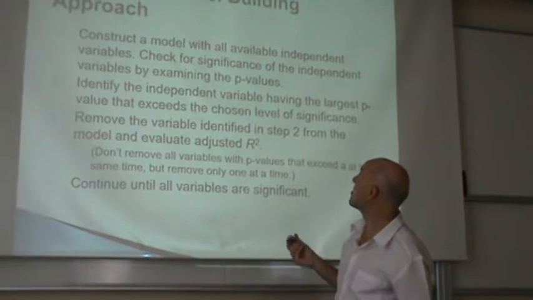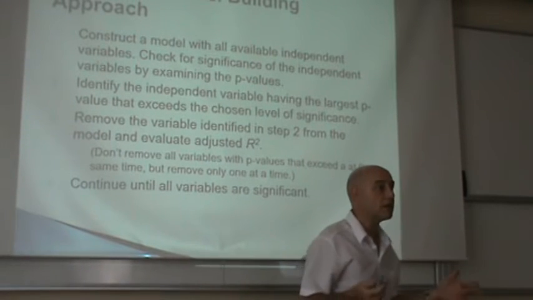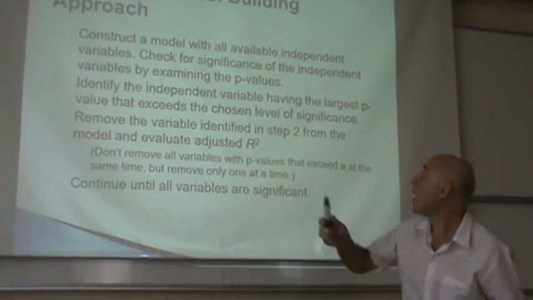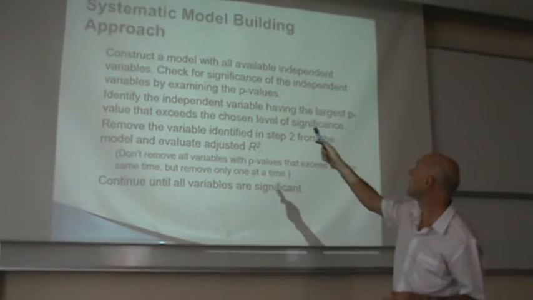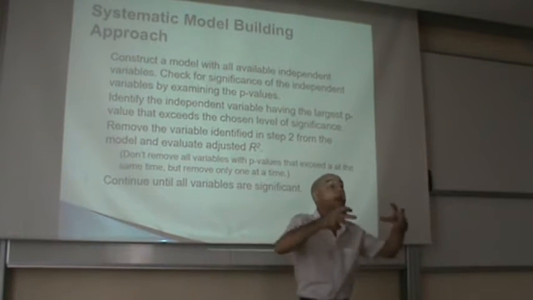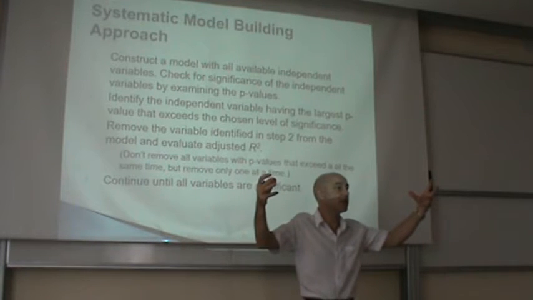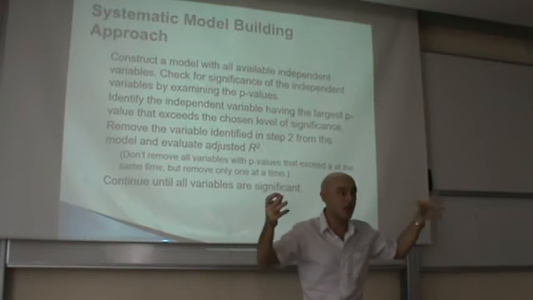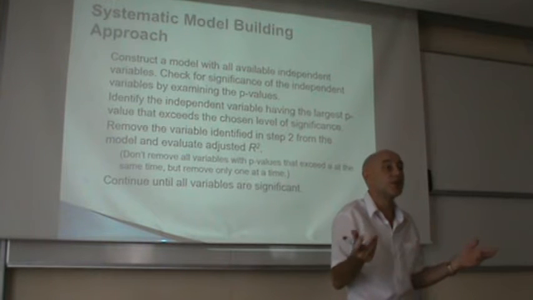So what is a systematic model? Well, you start out with all available variables. The next thing you do is look: is the whole model significant or not? If the model is not significant, you're done.